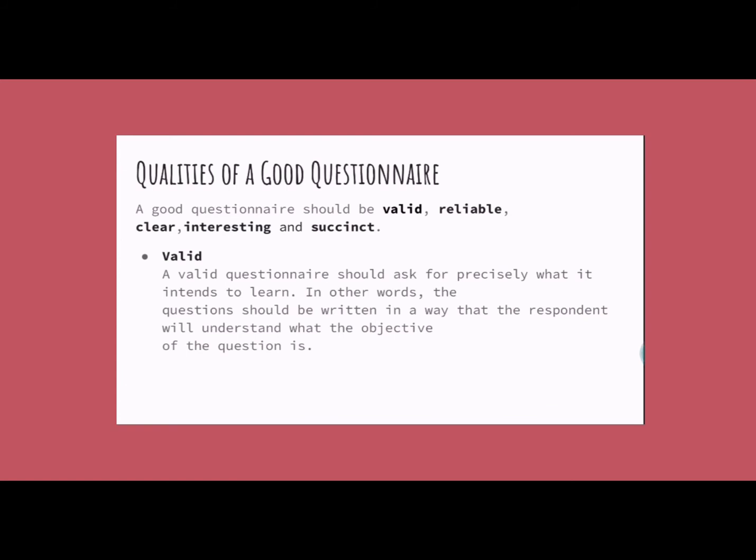In other words, the question should be written in a way that the respondent will understand what the objective of the question is. So, it must be as specific na maintindihan ng respondent ang iyong ipinapahiwatig, the goal or the objectives of the question. To do this, the questionnaire should be reviewed by an expert on the topic during a pilot test.